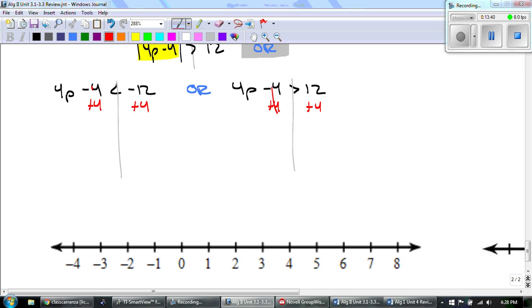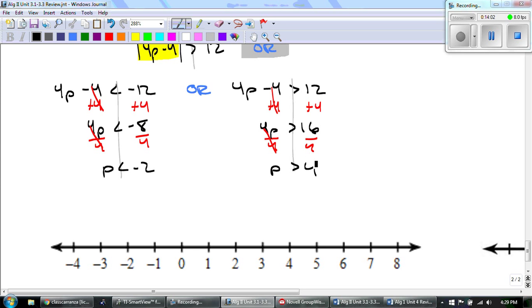If you wanted to add 4 to everything, 4p is less than negative 8, and 4p is greater than 16. Divide everything by 4. We get p is less than negative 2 or p is greater than 4.